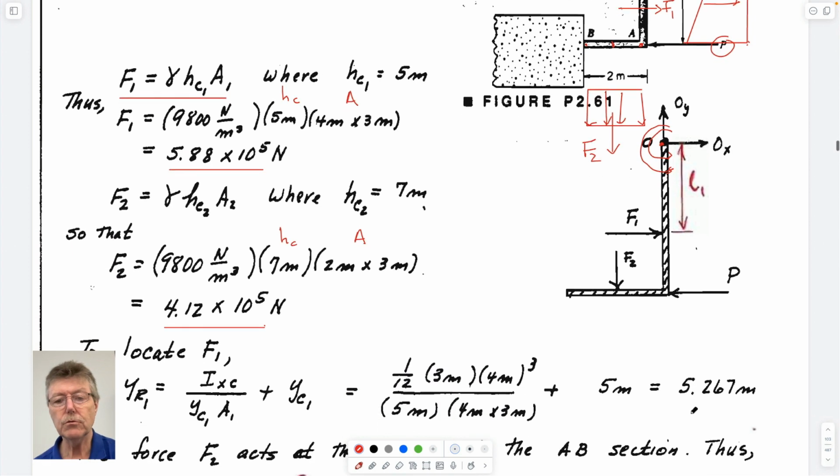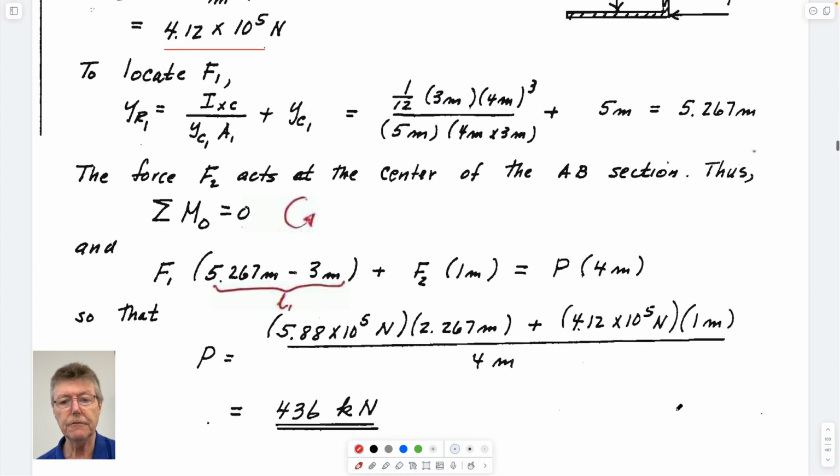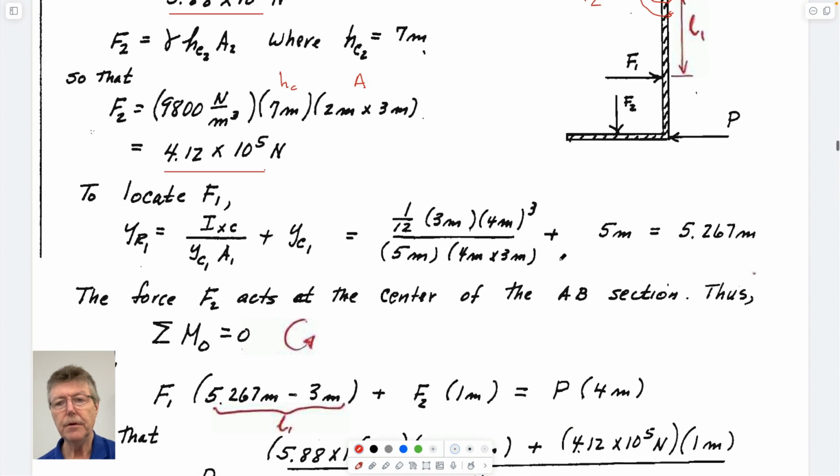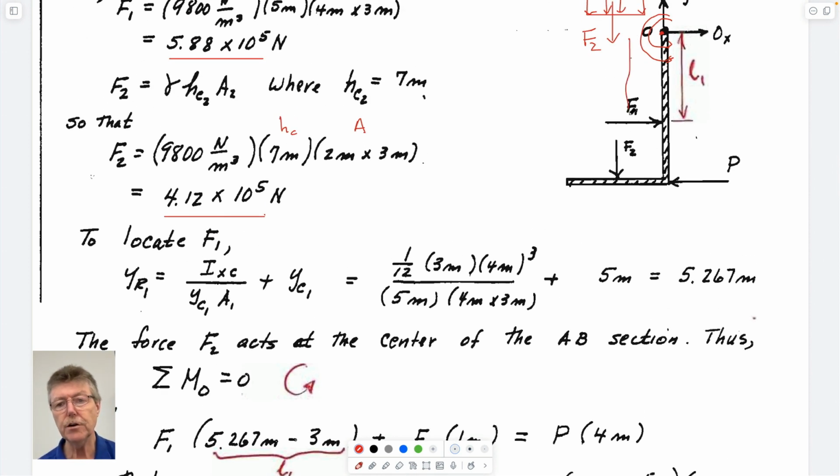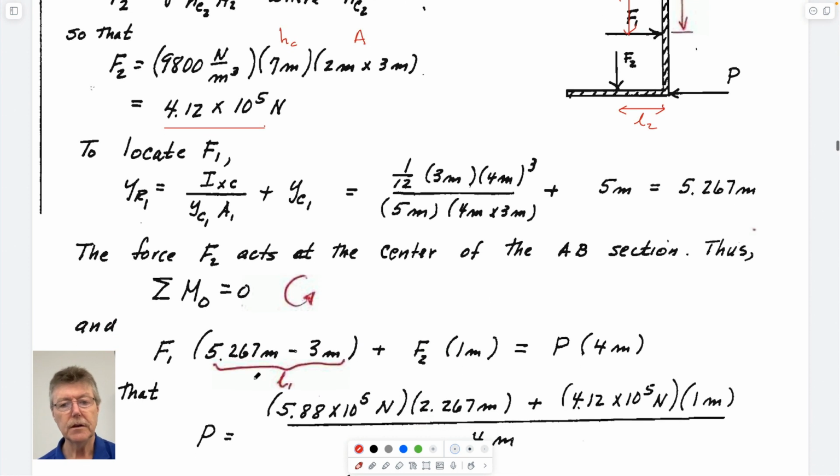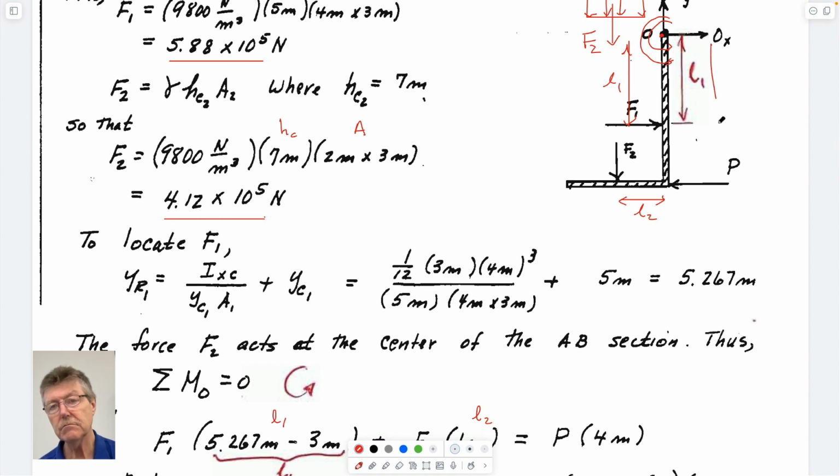And so we can write this equation in terms of the force 1 multiplied by its lever arm, which we don't know yet, which I'll call L1, and force 2 multiplied by L2. So force 1 multiplied by L1, force 2 multiplied by L2, and that has to be equal to P times LP.